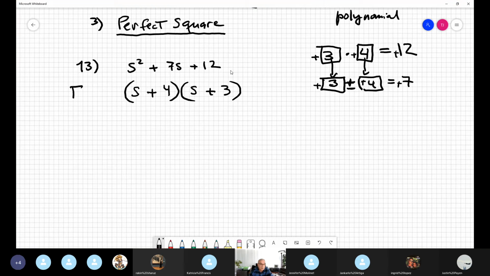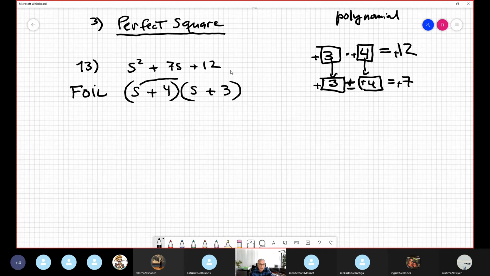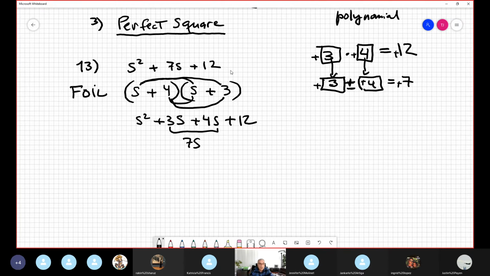This is mandatory checking, guys. Always. You multiply x times x, x squared. x times 3 is 3x. 4 times x is 4x. And 4 times 3 is 12. And now we combine, 3x plus 4x is 7x. Exactly like the original. We come back to the original.